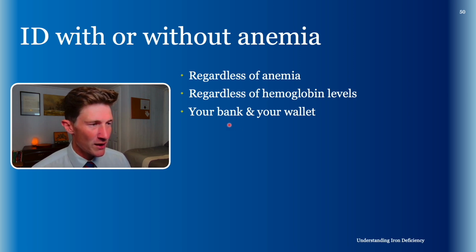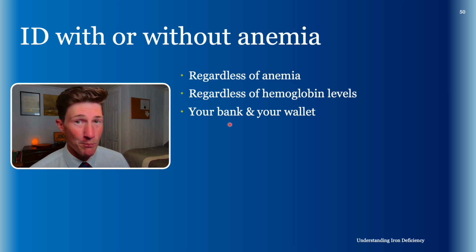A good way to think about it is thinking about how you have a bank and you also have a wallet. Iron storage, which is stored in ferritin, you can think of as your bank. You can think of iron in hemoglobin as money in your wallet. When you're using your money, you do not put all of it into your wallet.